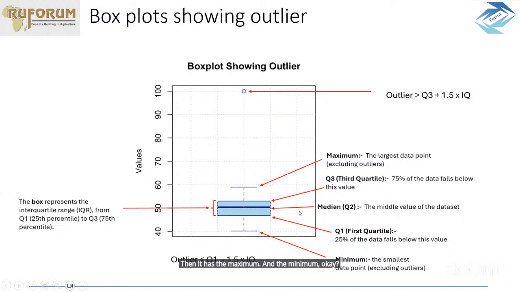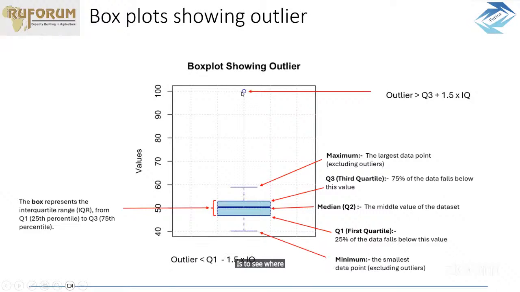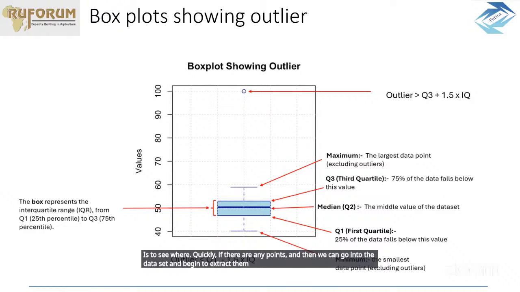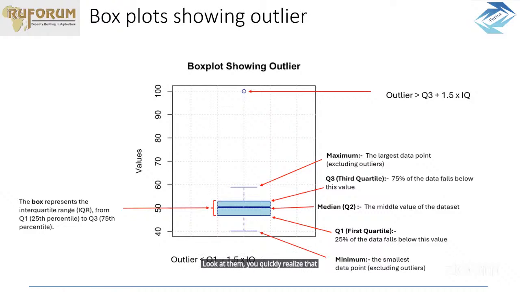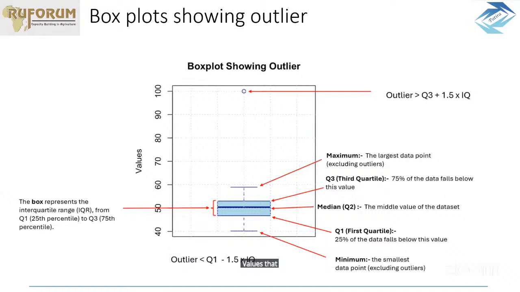Our interest when we are looking for outliers is to see quickly if there are any points, and then we can go into the data set and begin to extract them, look at them. You quickly realize that these outliers are probably inflated values that got changed when they were merging, values that might require you to actually go back to the source of the data, verify and correct it, okay?